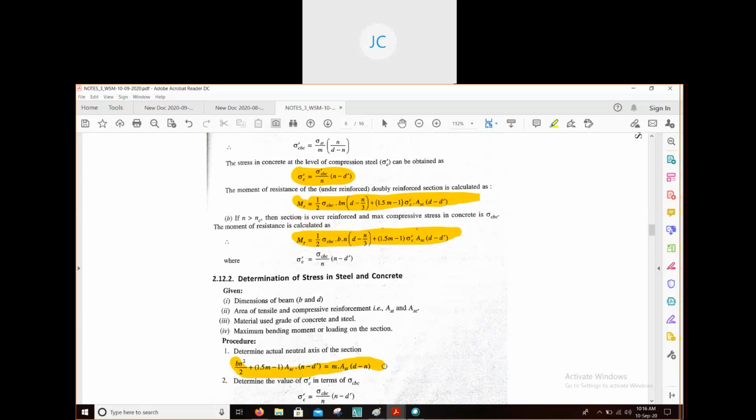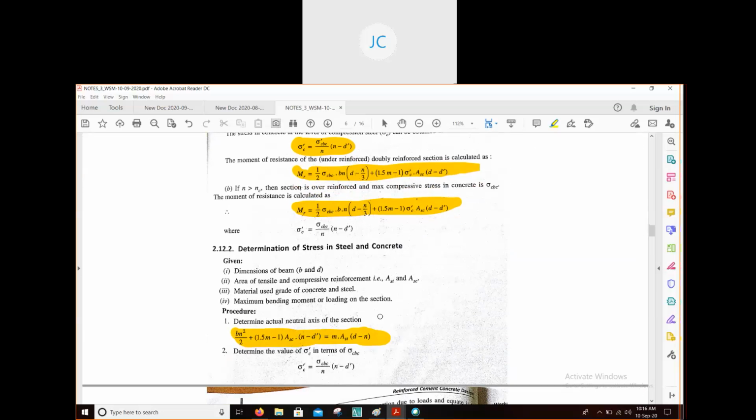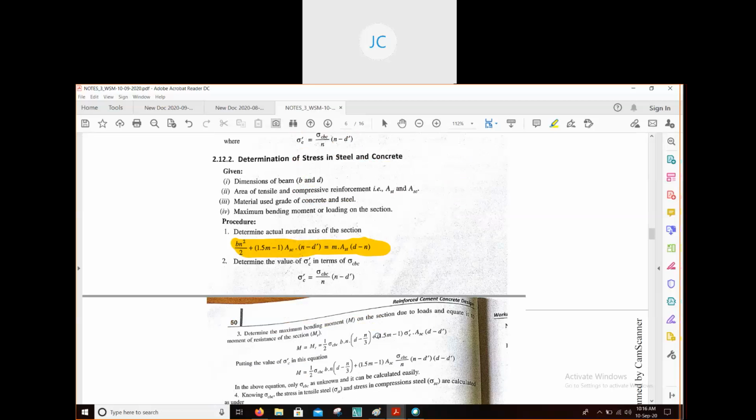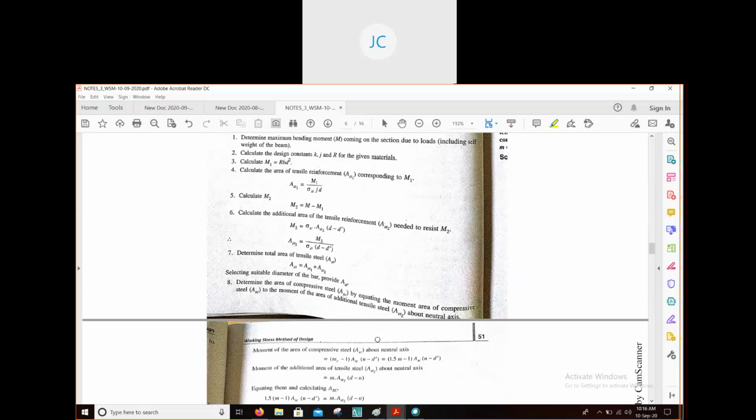All values are given: b is given, m is known, Asc is known, d dash is known, everything is known, only the unknown is n. That means the depth of actual neutral axis is unknown.